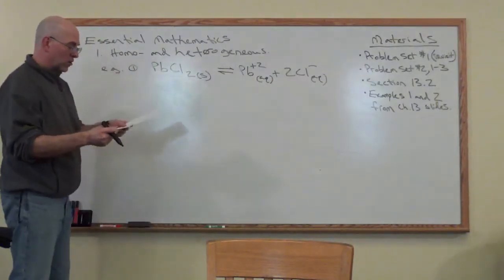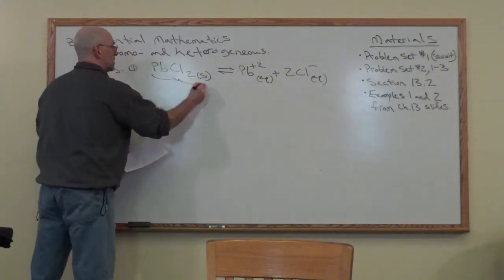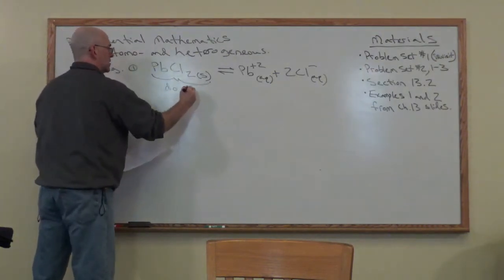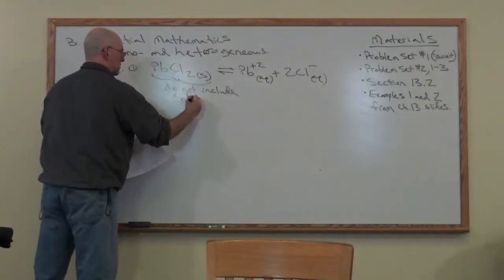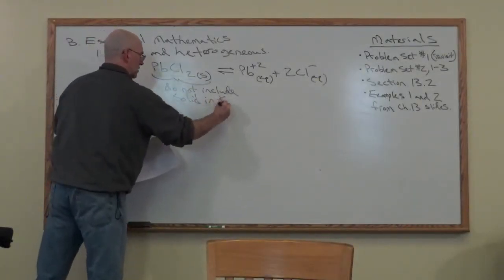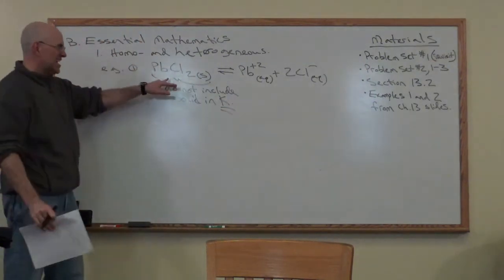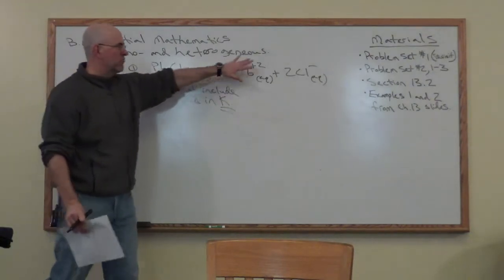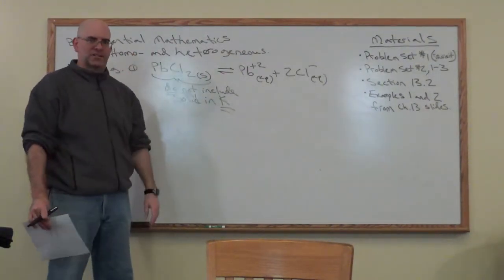So here we do not include the solid. Remember that. If you see a solid in equilibrium with aqueous species or gases, do not include it in the K expression.